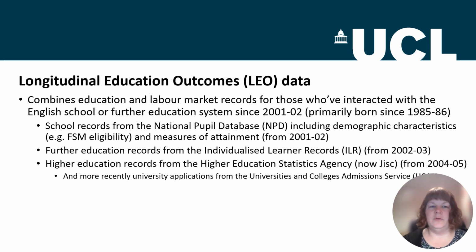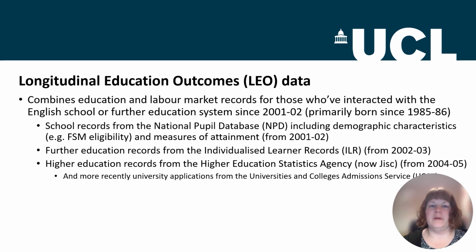And we're doing that using some relatively recent administrative data that has been created in England called the Longitudinal Education Outcomes, or LEO data. So for those who are not aware of this data, it essentially combines education and labour market records for anyone who's interacted with either the school or further education system in England since 2001-2.